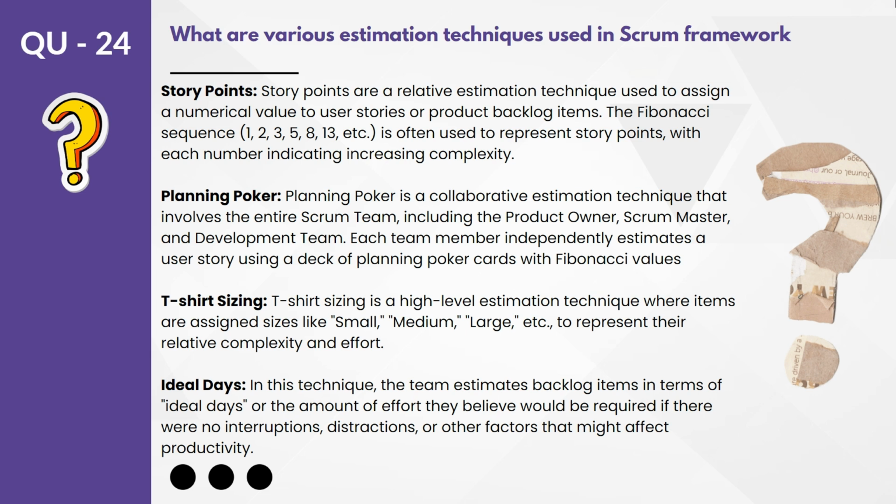It means you need 25 man days to complete the task. One person can work for 25 days, or 5 people can work for 5 days, whatever it is. But ideal days is a very easy and good way to represent the estimate. So this is all, in brief, about the estimation techniques.